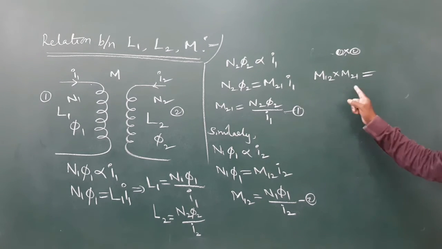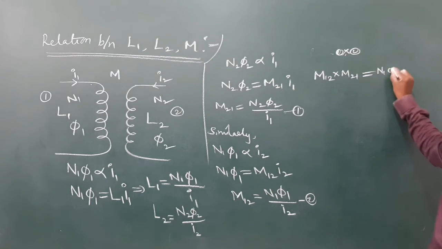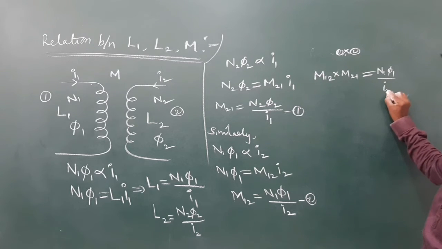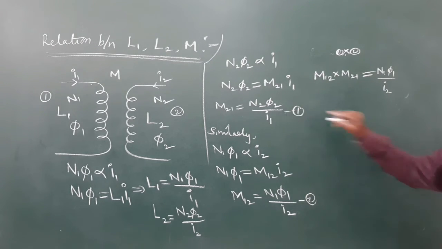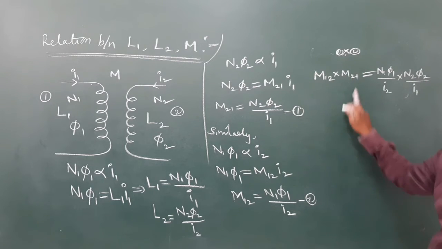So what is M12? N1 phi 1 by I2. M21 is N2 phi 2 by I1. These two are equal.